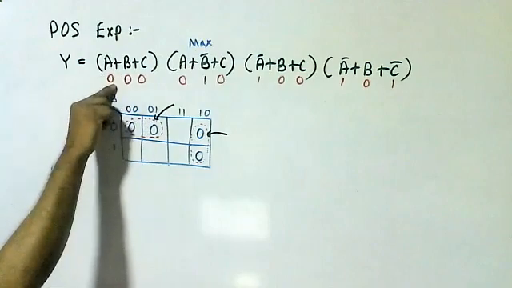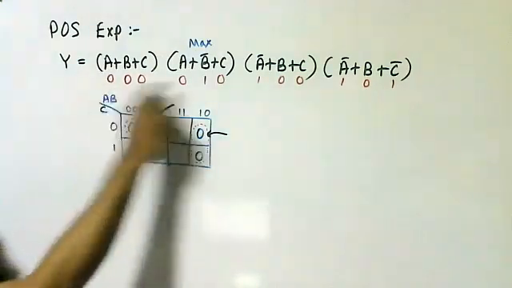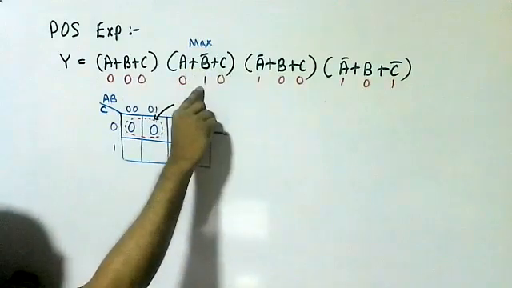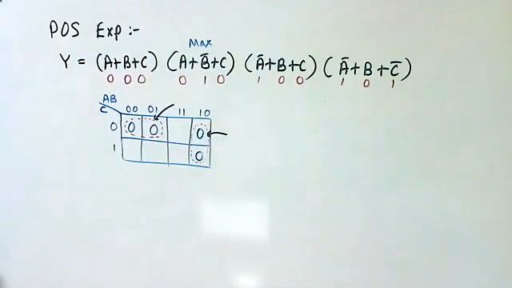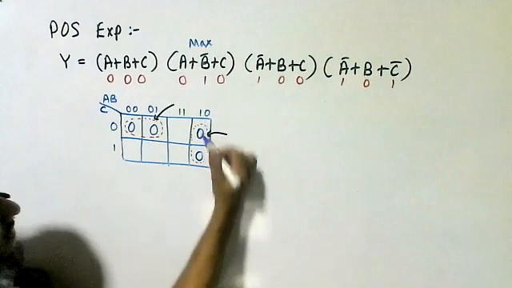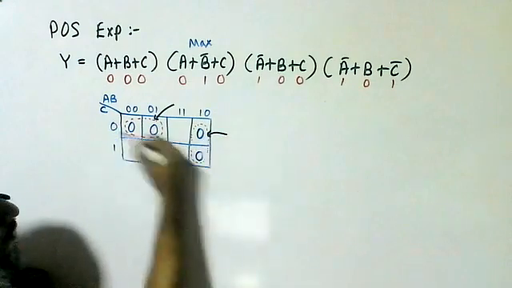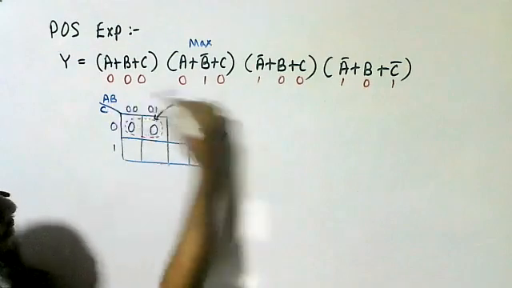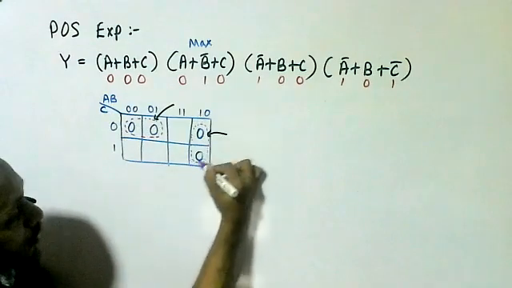Direct variable we take as 0, and complemented variable we take as 1, because this is a POS expression, and max terms are there. So here also we have to consider like that. C is changing, so we can skip the C. A, B not changing in this group.